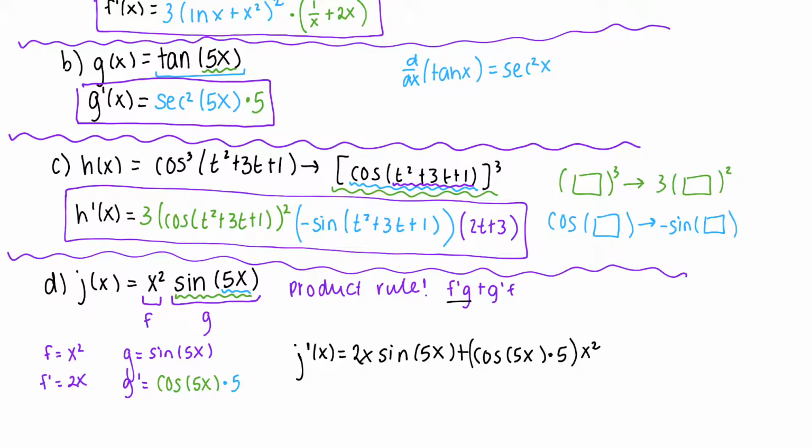If you wanted to rewrite it a tiny bit, just to bring the x's out front, it would be 5x squared cosine of 5x. But either of these answers work.